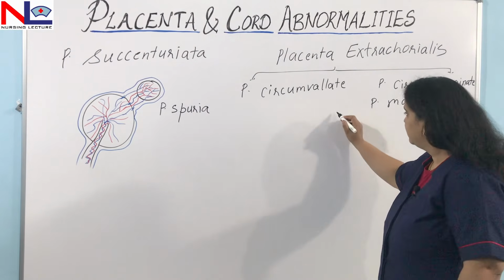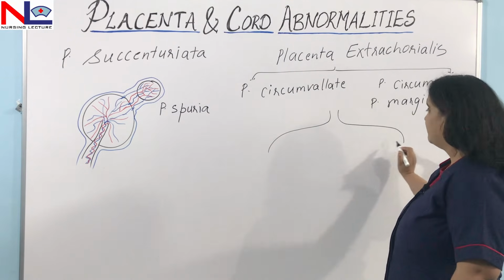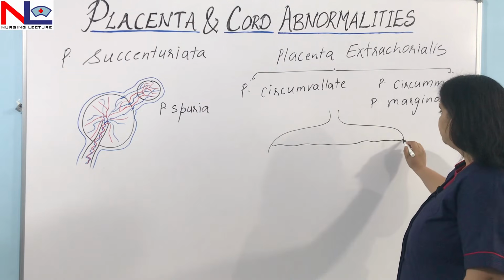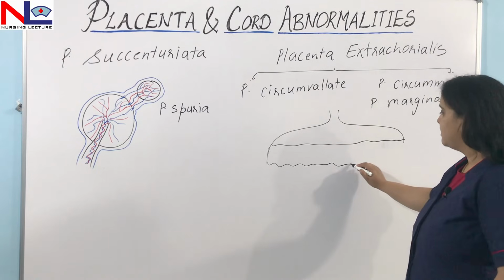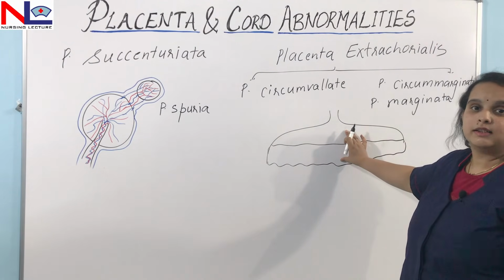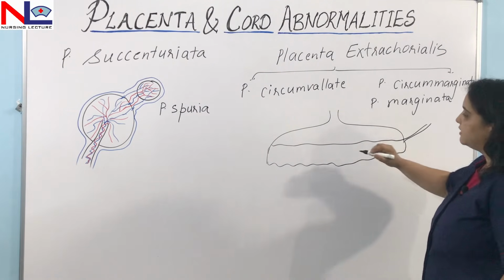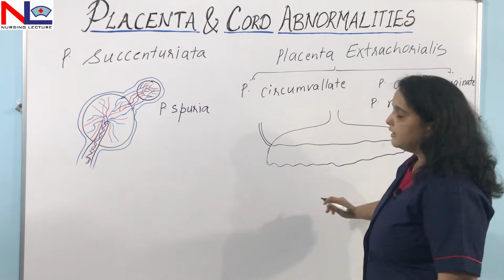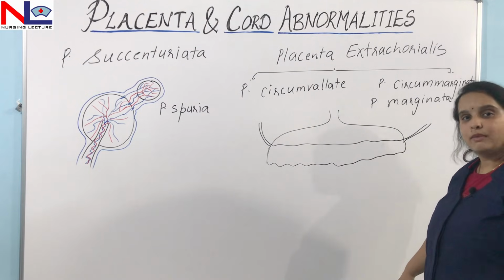If you remember, in a normal placenta there are two plates. The one facing toward the fetus is the chorionic plate, and the plate which faces toward the maternal uterine wall is the basal plate. In a normal placenta, both plates are equal, and the fetal membranes insert from the peripheral edge of the placental margin.